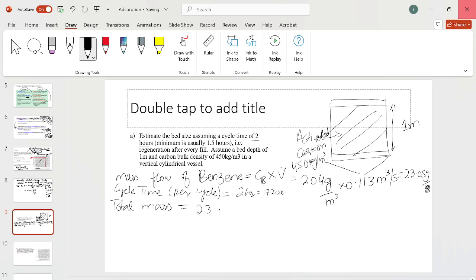So 23.052 gram per second multiplied by 7200 seconds. Seconds cancel and give us 165,974.4 grams of benzene per cycle. And we will use this mass to calculate the carbon mass.